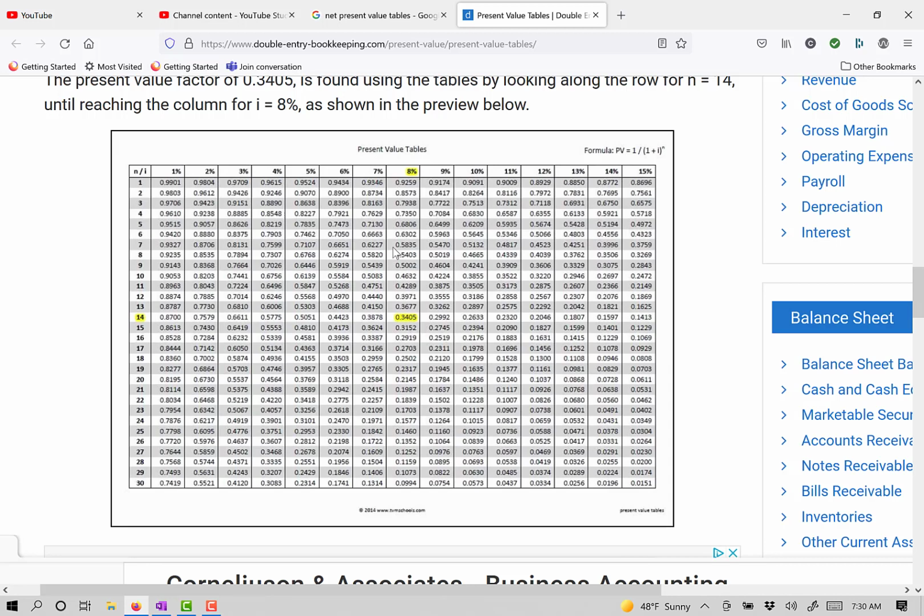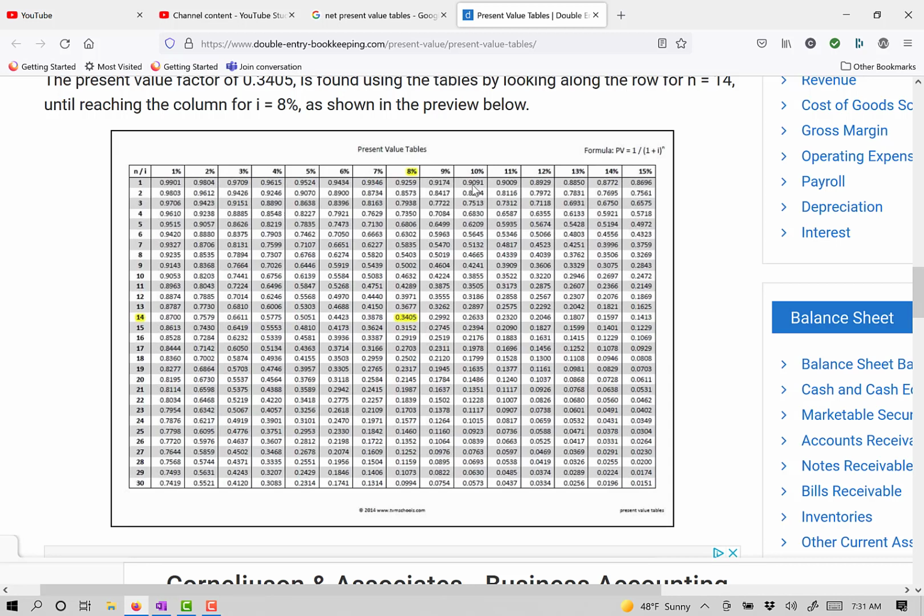So if you wanted to look at $20,000 a year from now, if you go up on top here, so we said 10% interest? If you follow my cursor, 10% interest after a year is only worth 0.9091, so about 91 cents. So if you took your $20,000 and multiplied it by 0.9091, what we're saying is, yes, you will get 20,000 a year from now, but at 10% inflation in today's money, that's only worth $18,182.